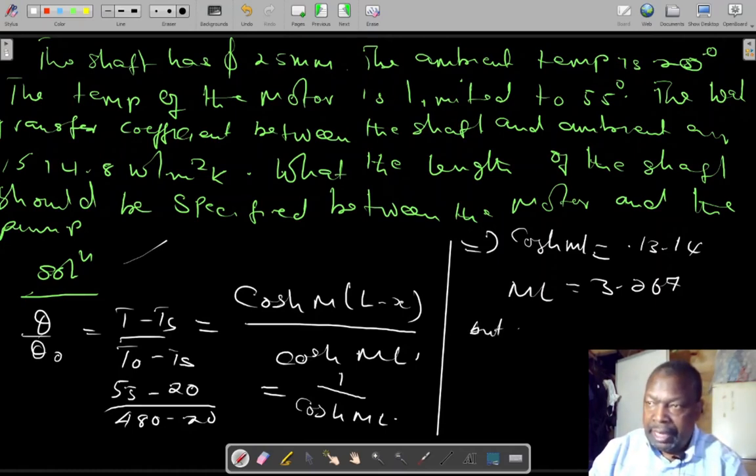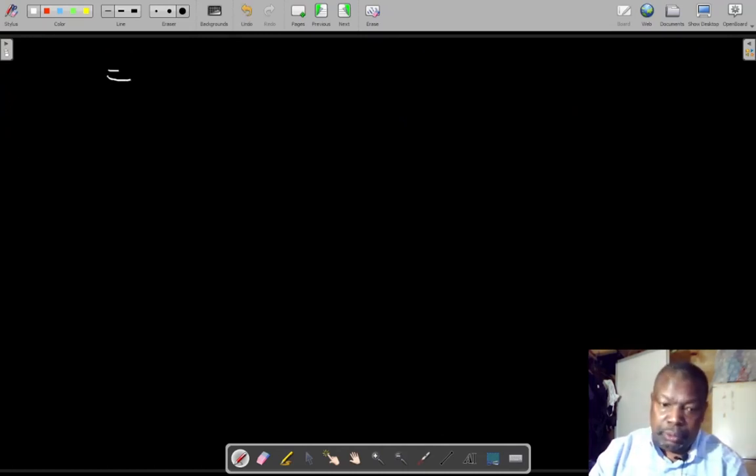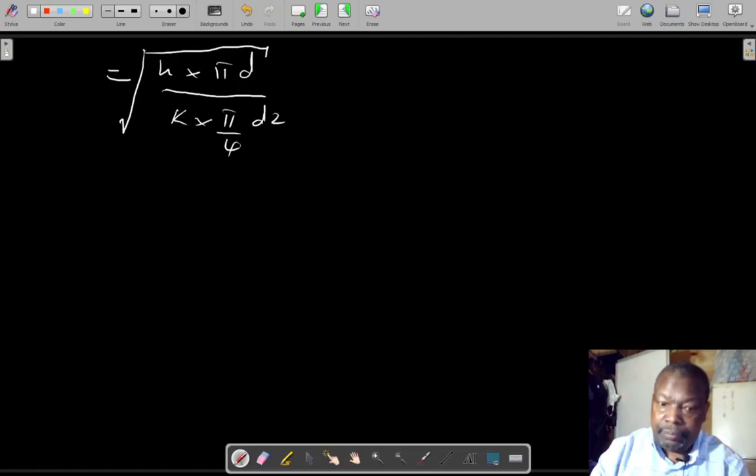But we know that m is equals to square root of hp over kA. So this is equals to square root of h times pi d as our perimeter, times h, k times pi by 4 d squared, which is equals to, pi and pi cancels out, so we have square root of 4h divided by kd.